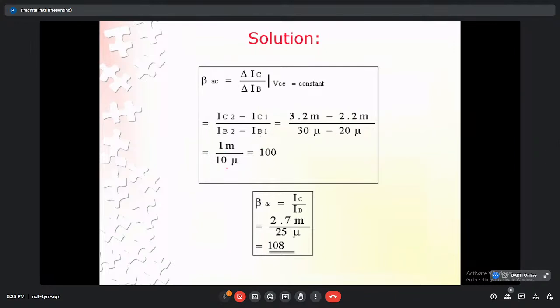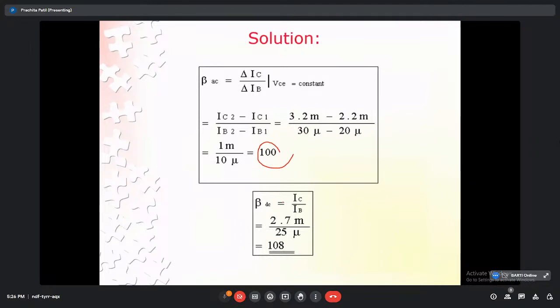We can solve this by multiplying by 10 to the power minus 3 and 10 to the power minus 6, so both units are in ampere and get cancelled, and that is why we get the parameter only 100, which is the current gain.